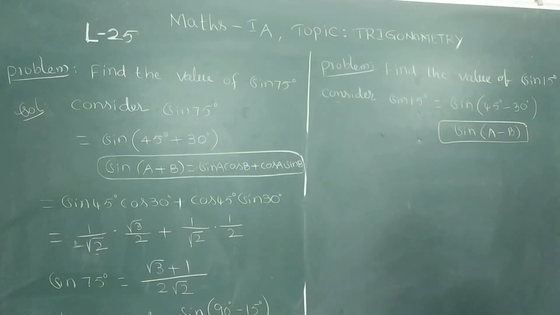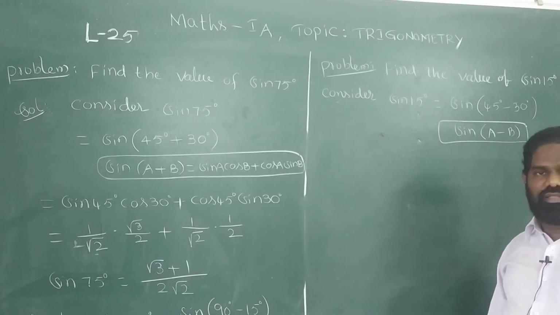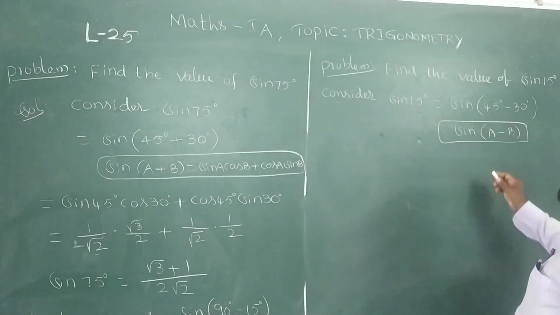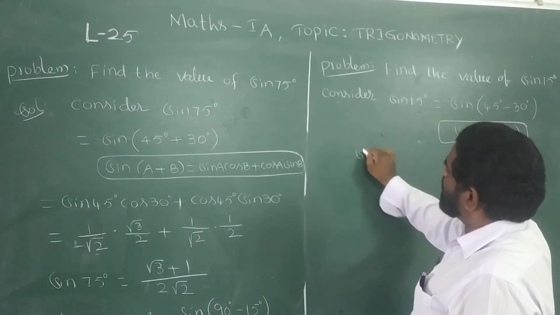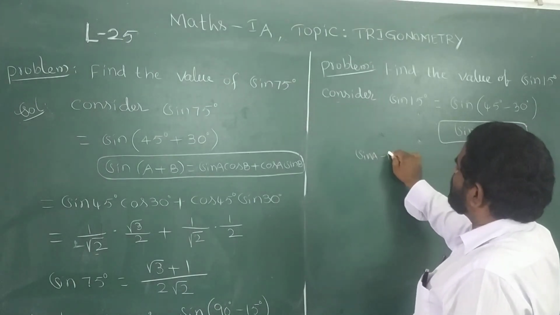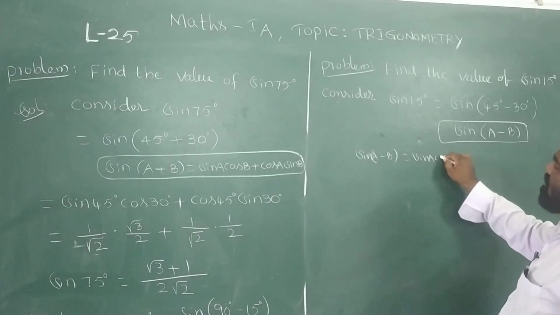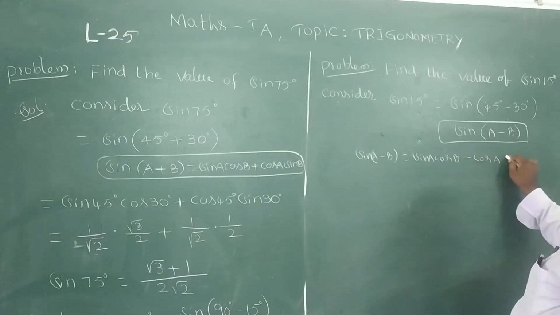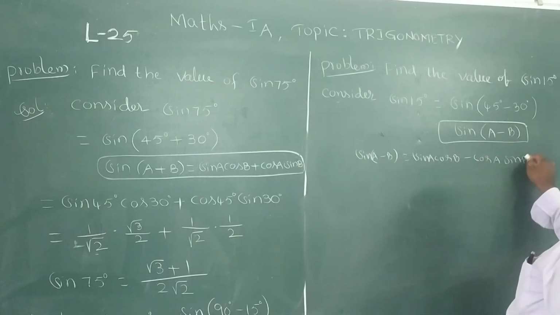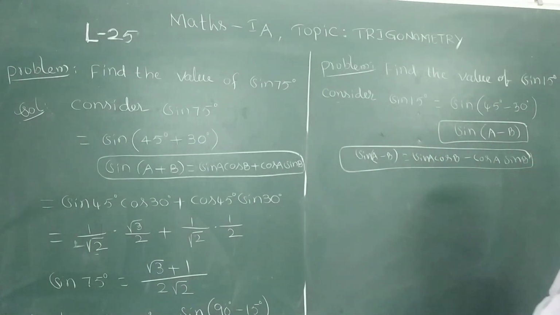A value is 45, b value is 30. What is the formula of sine of a minus b? Sine of a minus b equals sine a cos b minus cos a sin b. This is the formula of sin of a minus b.